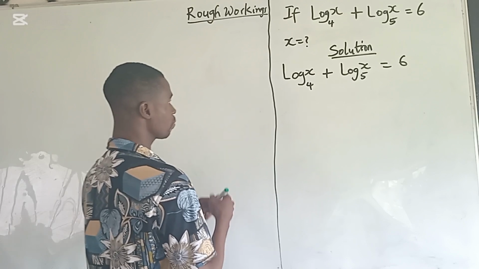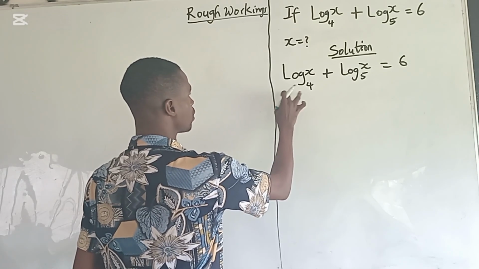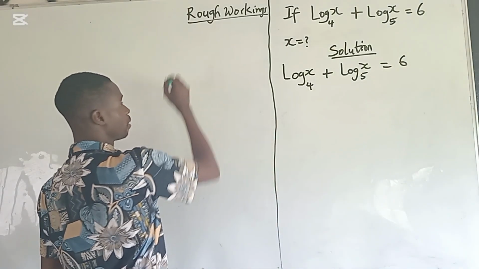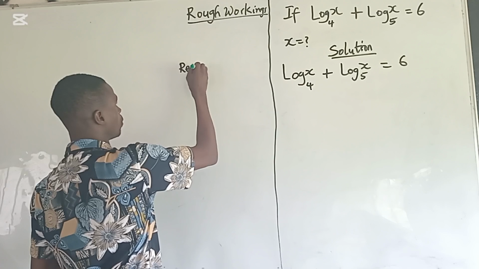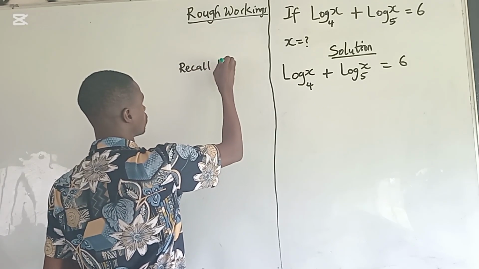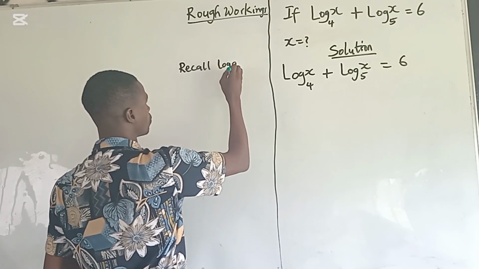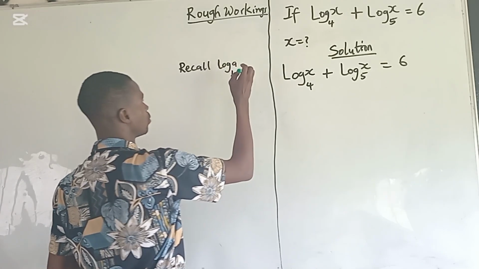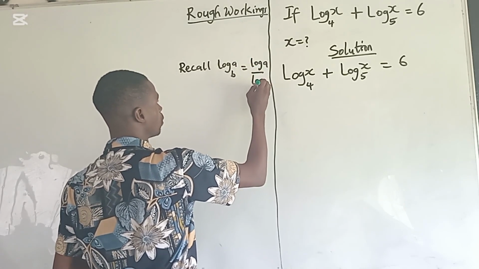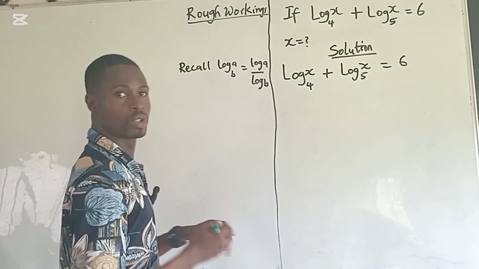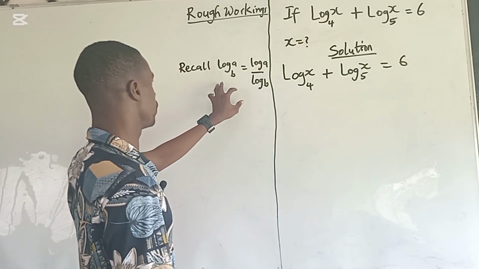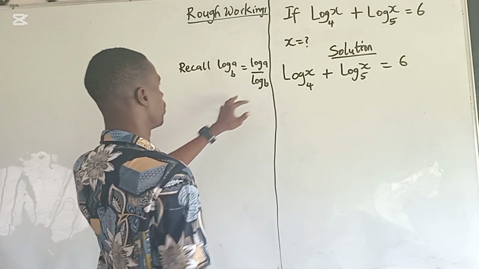Now, I would like to express this as this, by recalling that log_B A is equal to log A over log B. Before we can solve this conveniently, we are going to express this in the form of this.